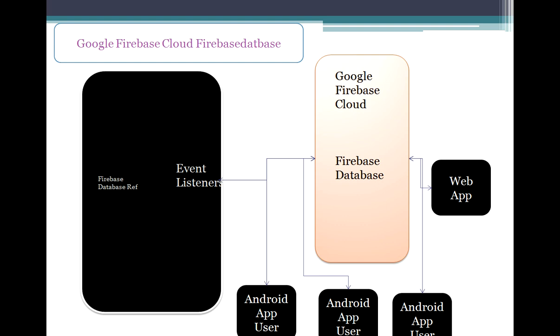Once it is integrated, this Android app will have a direct reference to the Firebase database, and through event listeners we get the updated data. So whenever an event happens on the database, we get the data through event listeners.